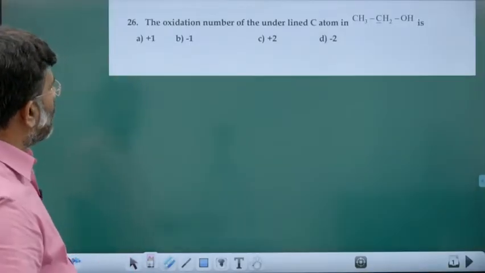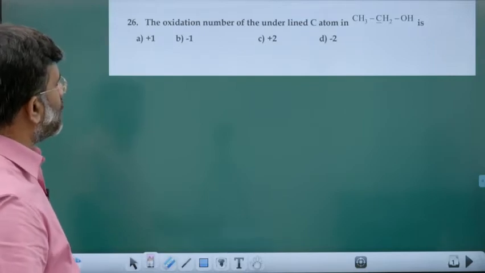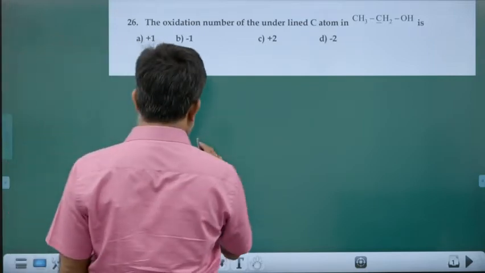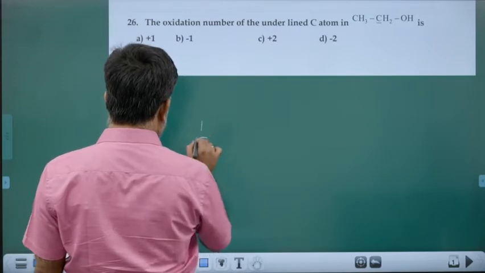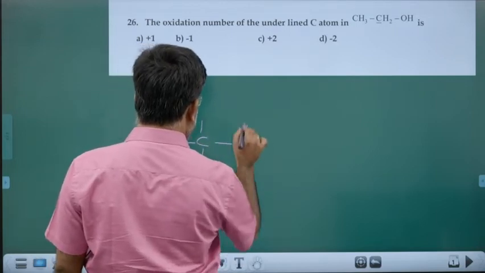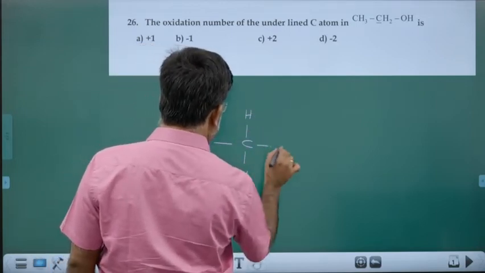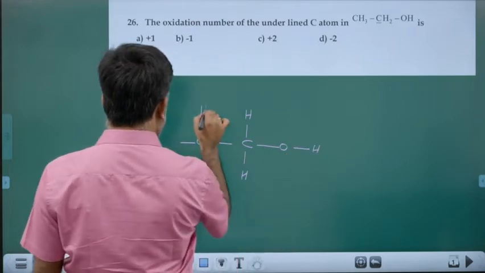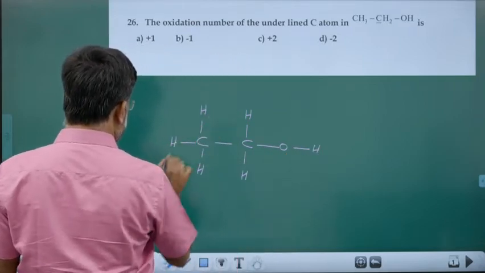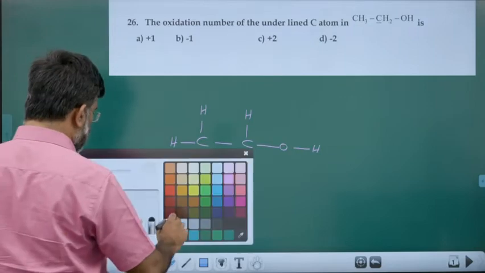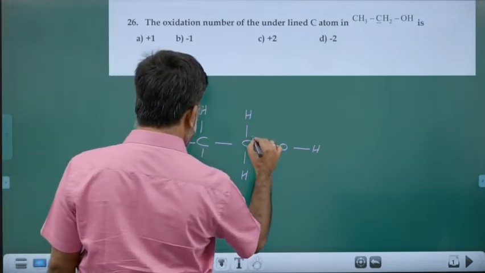Oxidation number of the underlined carbon atom. What is the problem? See, this carbon atom we are asked for.